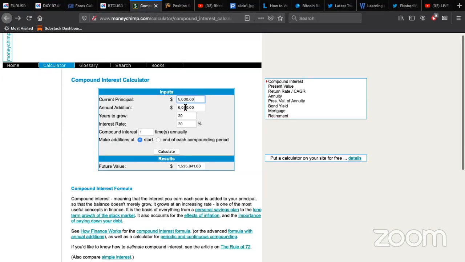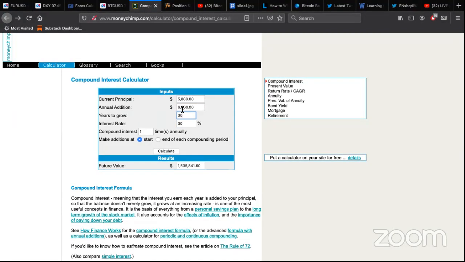Oh, so I wanted to do this. Let's do Stanley Druckenmiller. 30 years, 30% return. And this guy was trading massive amounts of money. Let's say if you started with $10,000, good chunk of money. Let's say it was $1,000.